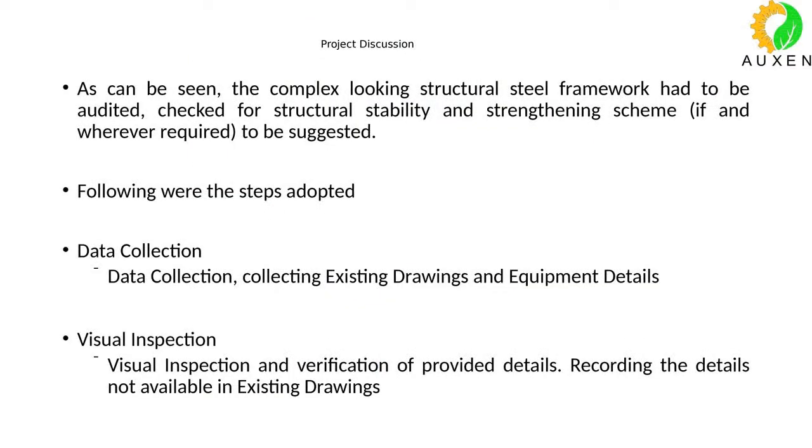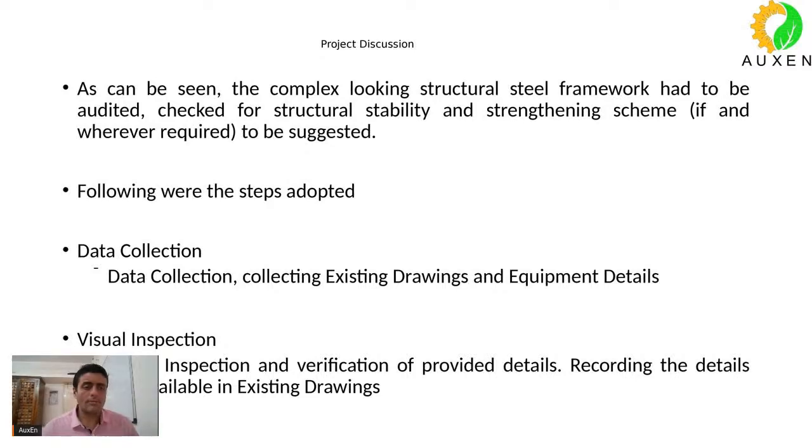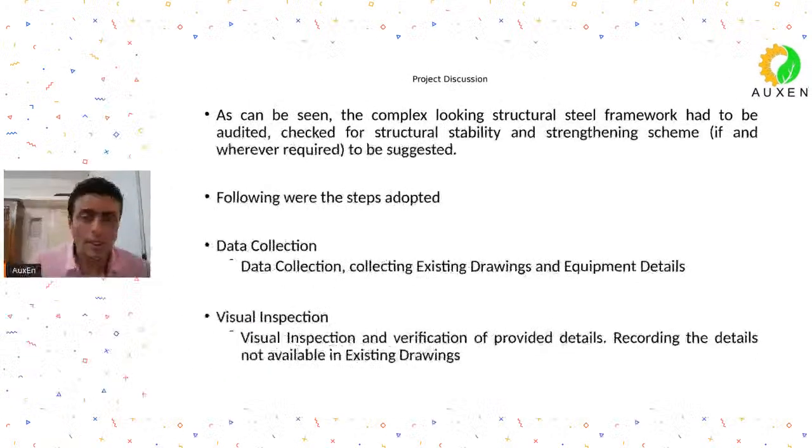As you can see, it was a complex looking structure with a lot of steel frameworks everywhere. We had to audit it and check it, assure its structural stability, and if required provide a strengthening scheme for it.